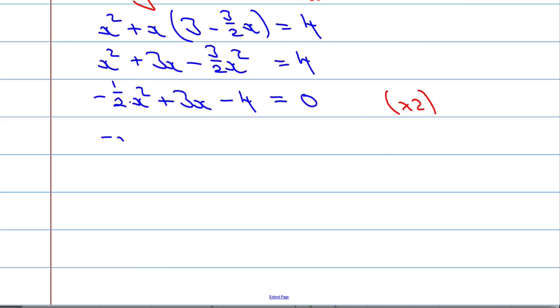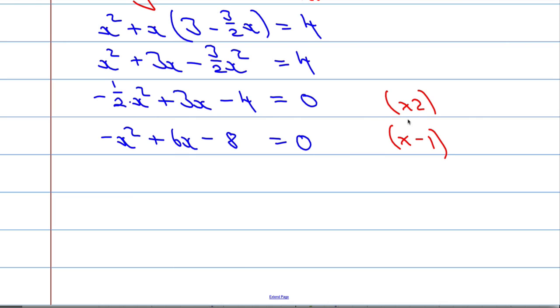So we get minus x squared plus 6x, take away 8 is going to be equal to 0. So multiplying everything by 2. And I don't like this negative sign here in front of the x squared because I'm not used to factorizing like that. So I'm going to multiply everything by minus 1.